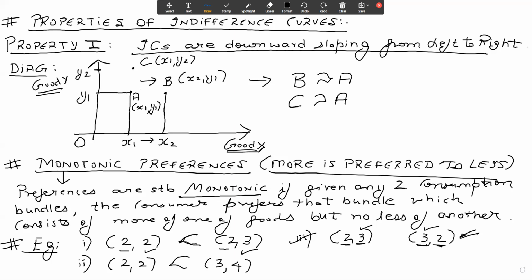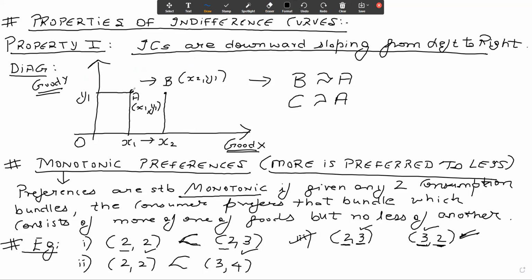So now we are talking about indifference. Indifference means we need to find a bundle which is indifferent to bundle A. Let me erase this, we don't need it now. Suppose we are at A, I need to find a bundle which gives me equal happiness as bundle A. Now, when will that equal happiness come?